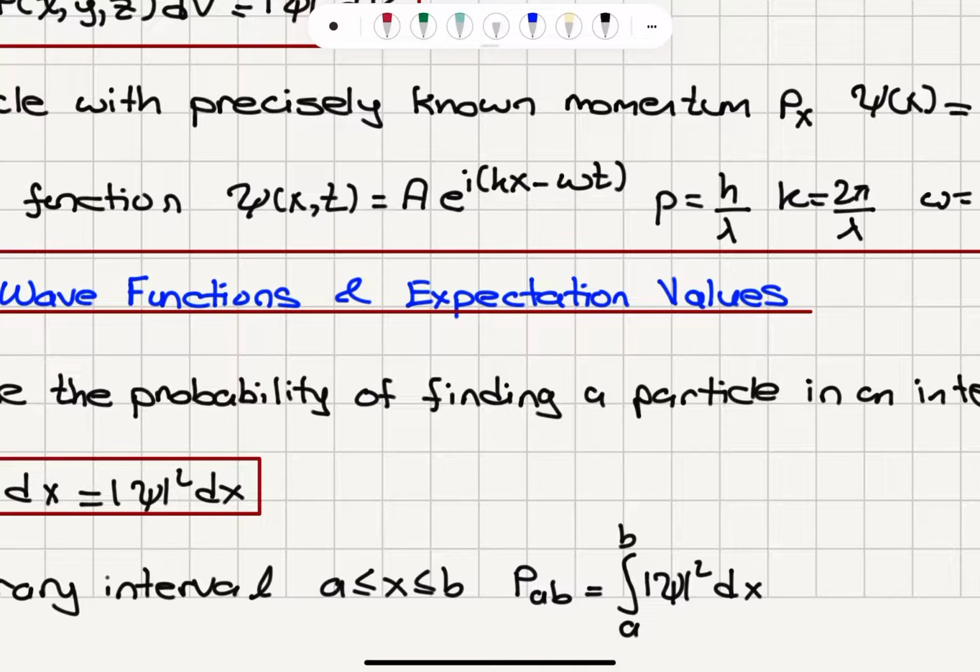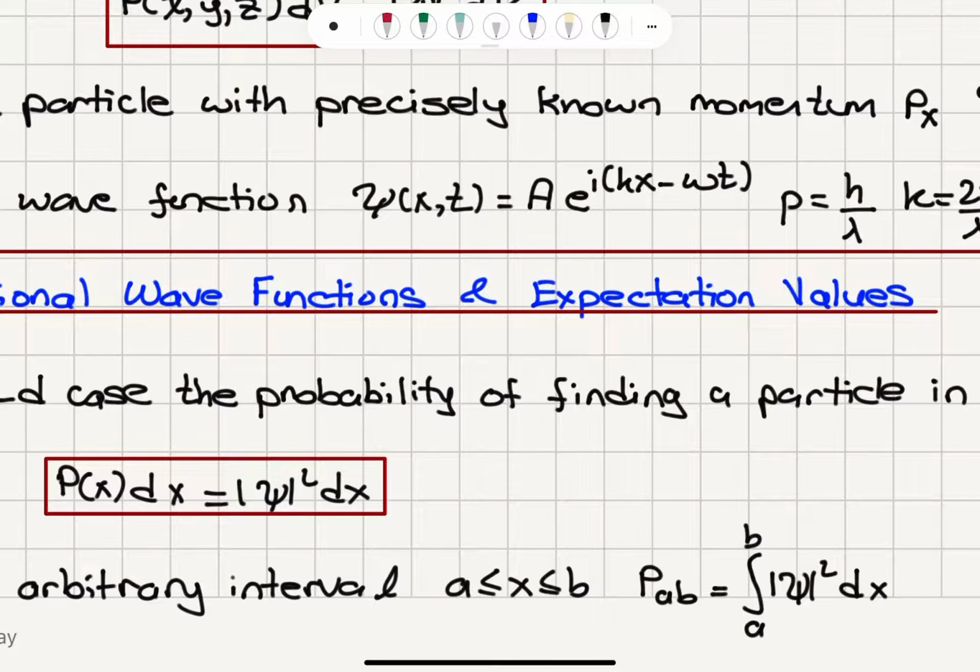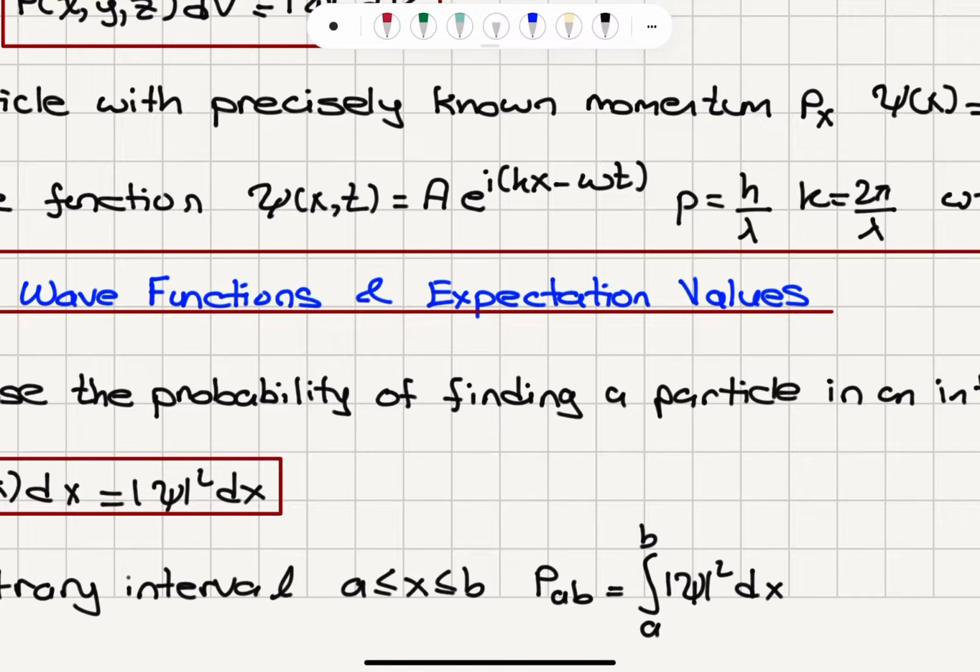How does this work? Because in a small interval dx, the probability density function psi square can be considered to be a constant. It doesn't vary much in this interval. So from a to b, if we change these intervals and we integrate, if we add the contributions from all of these intervals dx from a to b, performing a Riemann sum, we would get the probability of finding it in the interval between a and b.